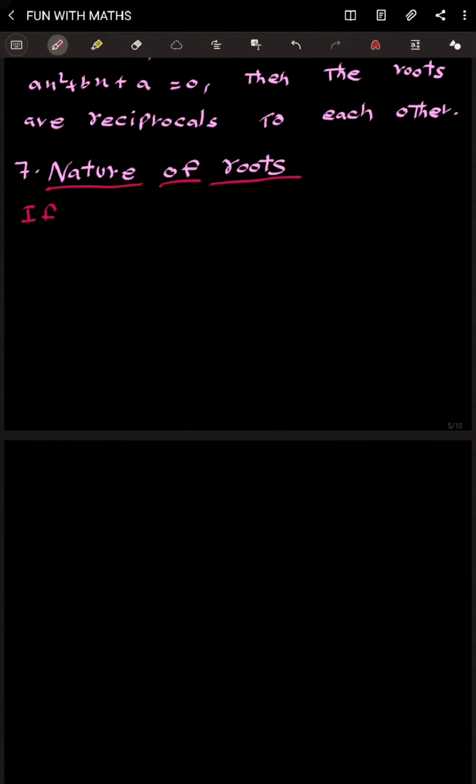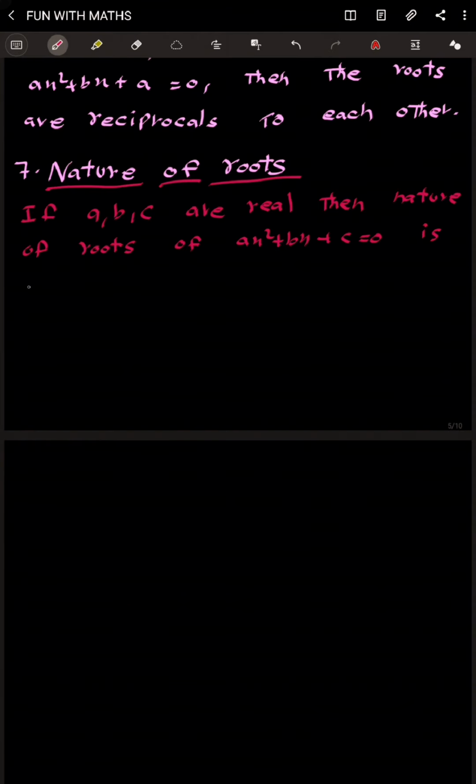If a, b, c are real, then the nature of roots of ax square plus bx plus c equal to 0 is as follows.